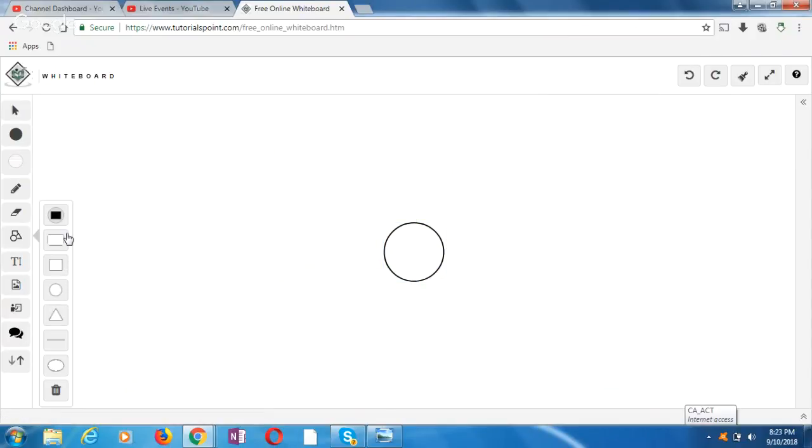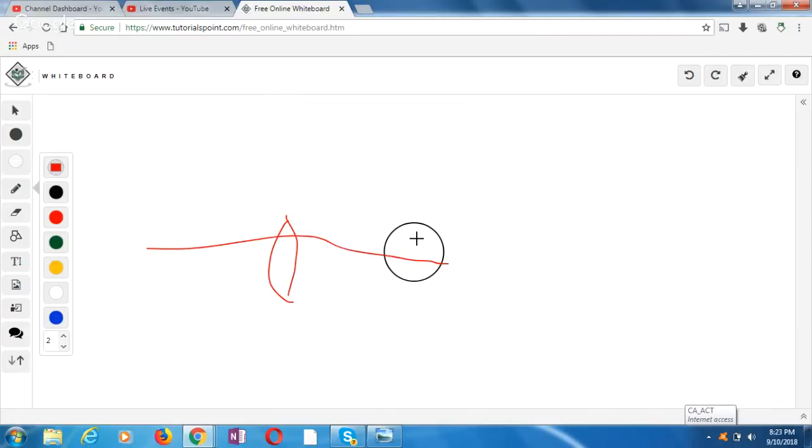Suppose this is the human eye, and we keep a convex lens here, and if an object is here, I have to increase the U, as you have already seen in the last discussion.